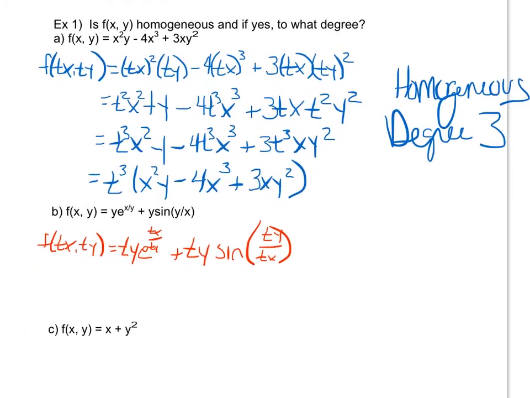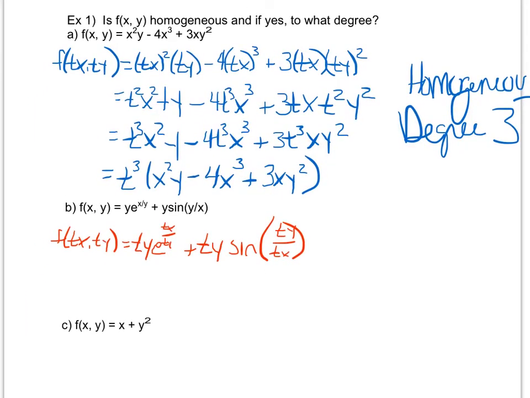And now from here I simplify and clean up anything I can. I notice in my exponents here I can cancel my t's, giving me ty e to the x over y plus ty sine of y over x.